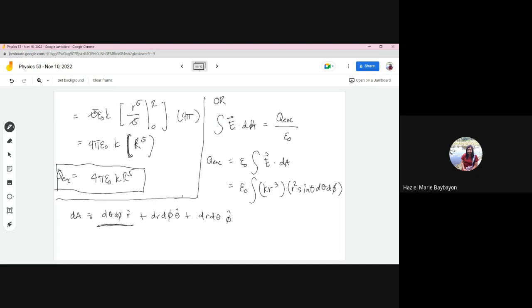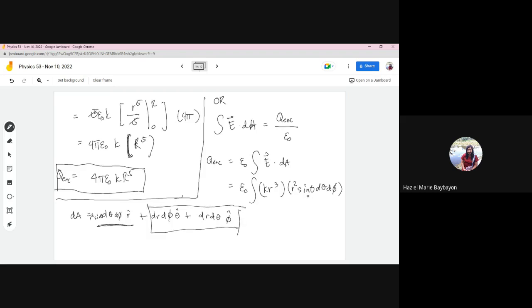Okay. So this is r squared sine theta d theta d phi, and this is r dr. We just need to figure this out.